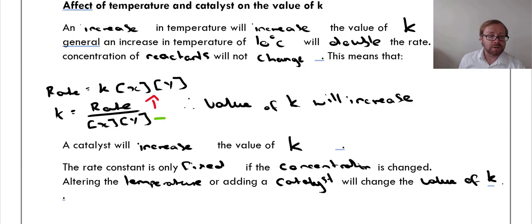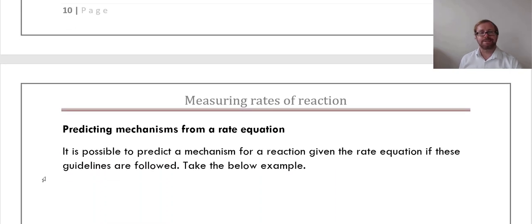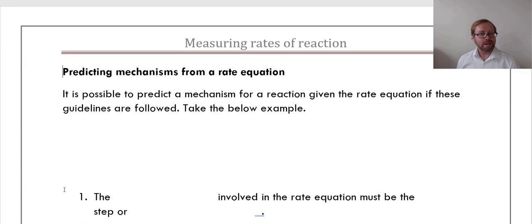Right, so I haven't gone into very much detail, but as I said, I think we've had enough for the time being, and we've still got one more section left to do. So our last section, and then I promise we're finished. Predicting mechanisms from a rate equation. So it is possible to predict a mechanism for a reaction given the rate equation if these guidelines are followed.